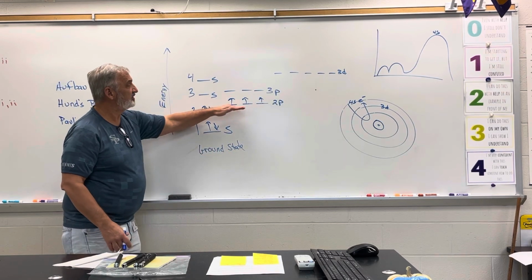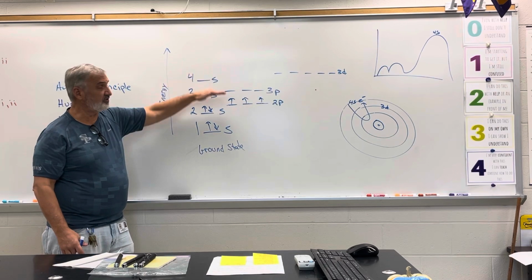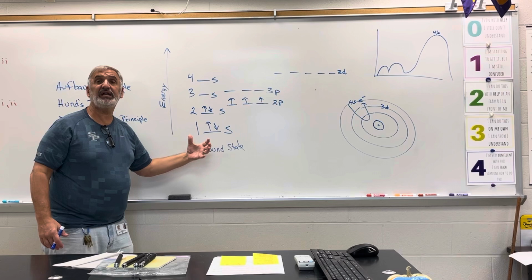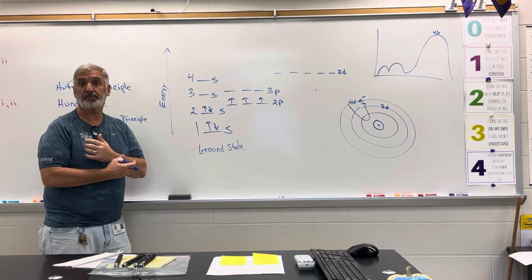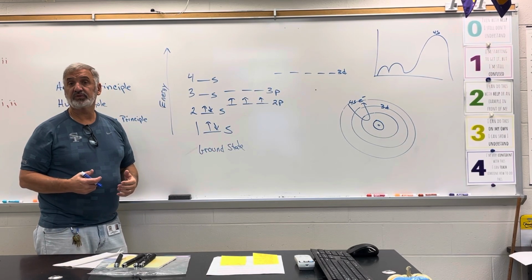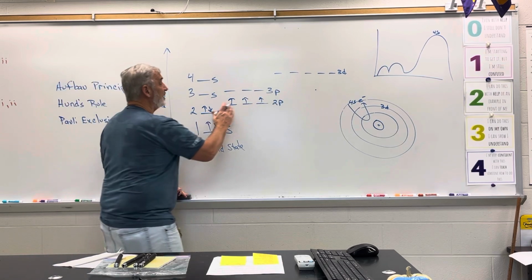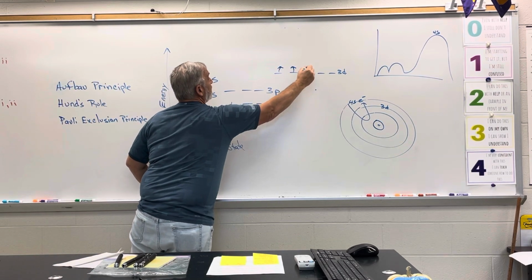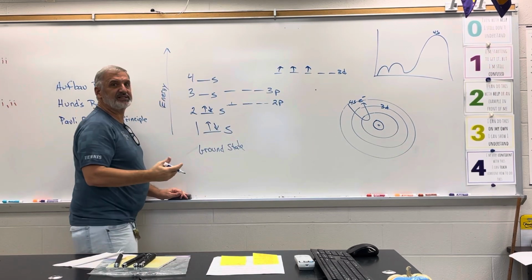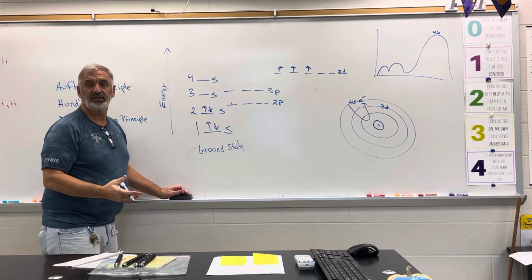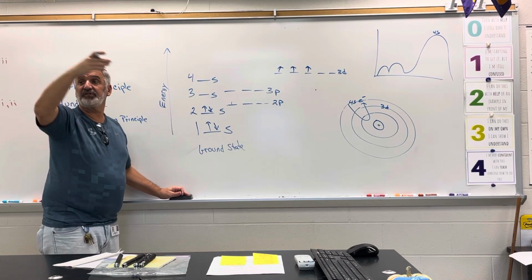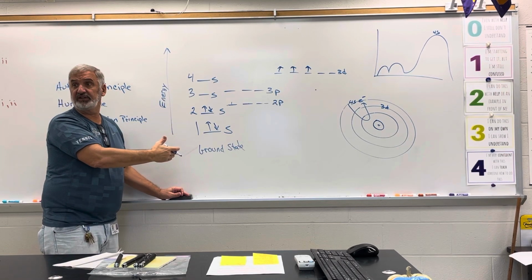In other words, there are no electrons up here without the electrons below being filled. But what happens if I put heat or electricity onto this? The electrons can jump up, so I could move these electrons up to here. So now this would be called an excited state. You have electrons in upper sublevels without the lower sublevels being completely filled.